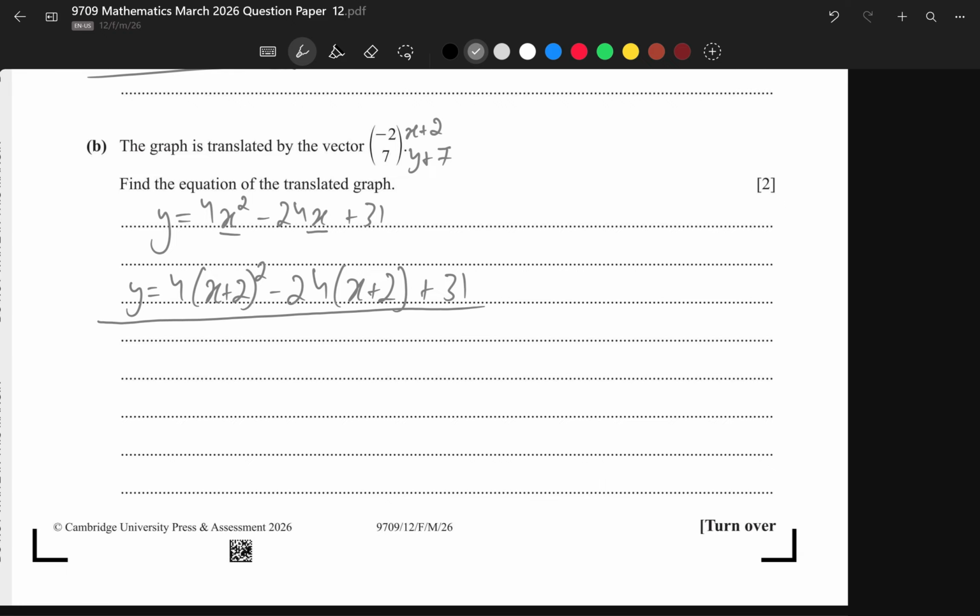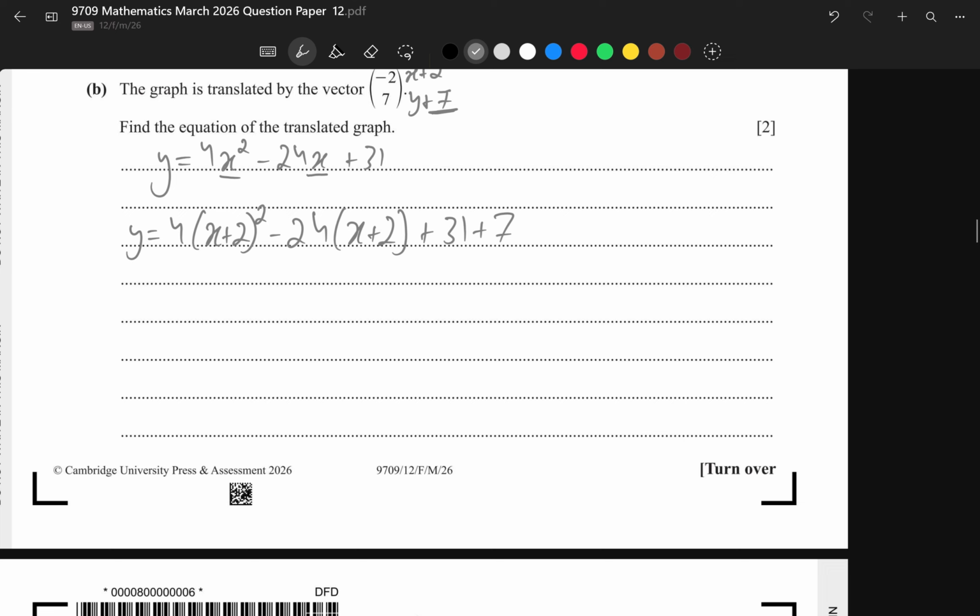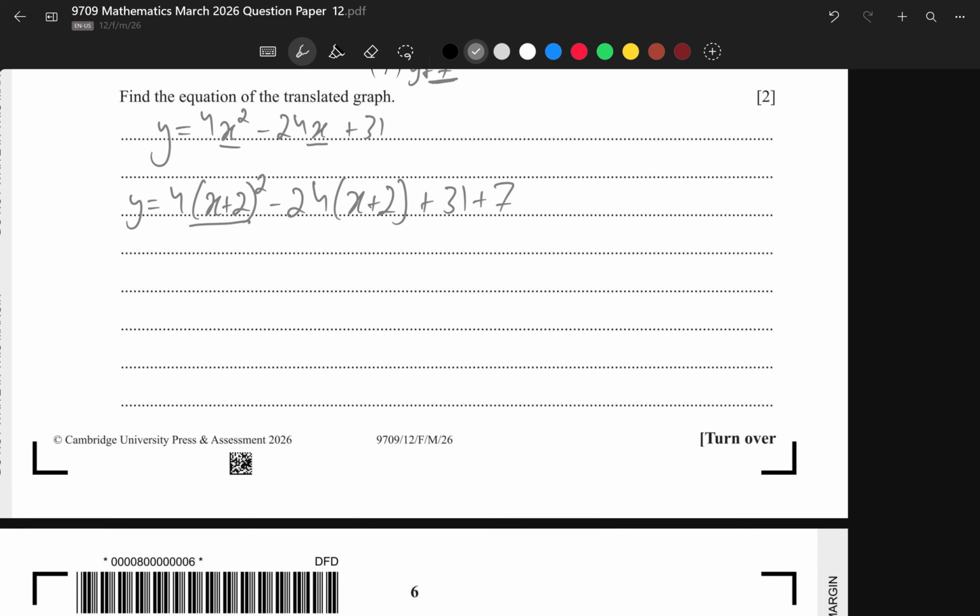Now this whole equation is equal to y, and we need to add 7 to y, so we'll just plus 7. If we expand this bracket, we'll get 4 times (x squared plus 4 plus 4x) minus 24x minus 48 plus 38.